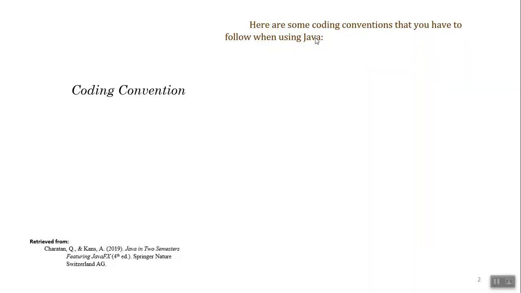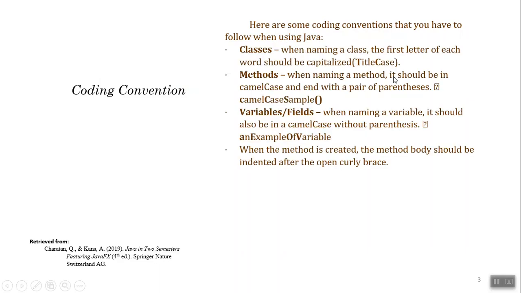Here are some coding conventions that you have to follow when using Java. When naming classes, the first letter of each word should be capitalized, just like this title case.